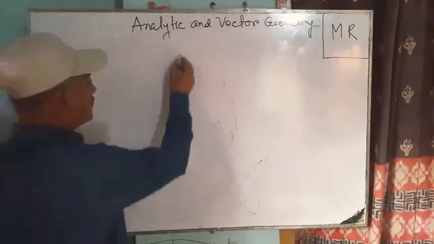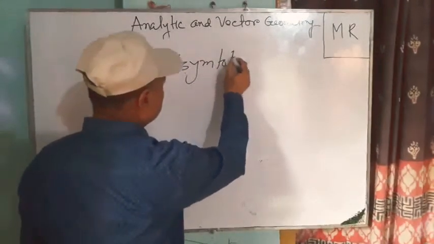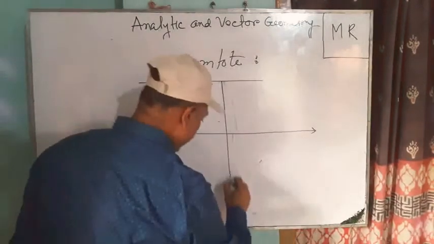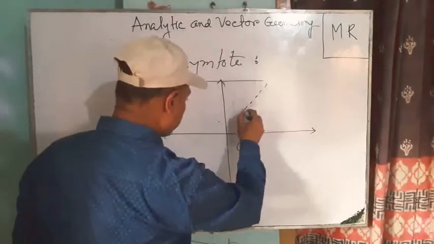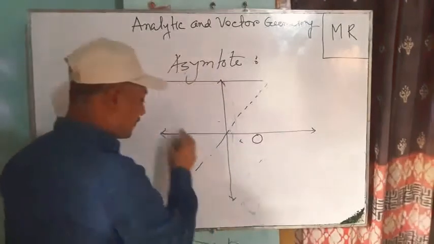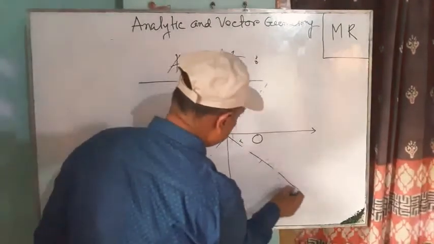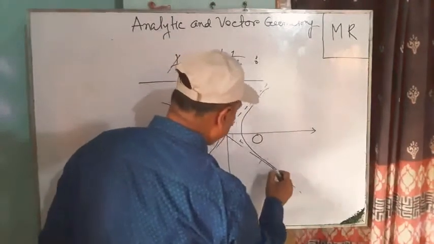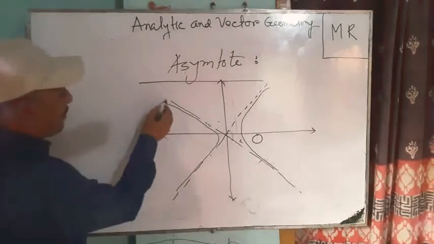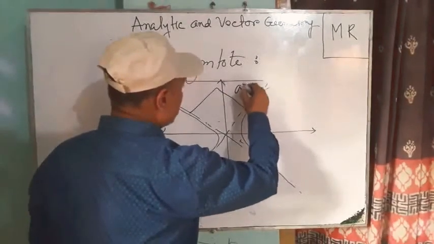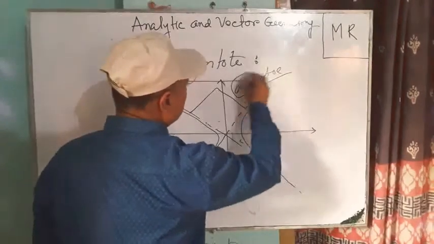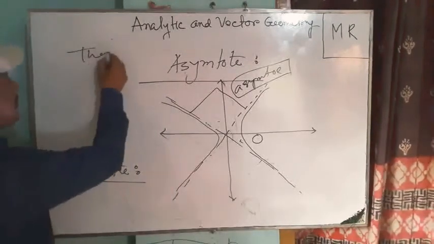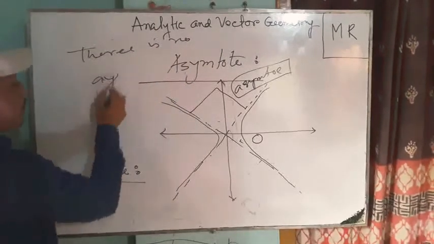Asymptote. Now we sketch the conic. If a straight line intersects the conic at an infinite point, but the straight line is not entirely at infinity, then the straight line is called an asymptote. Note that there is no asymptote of an ellipse.